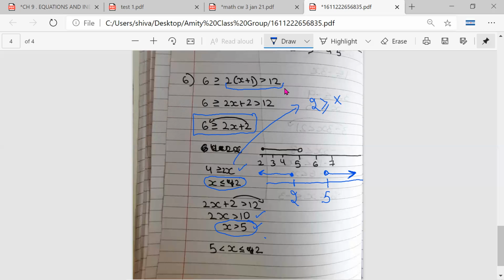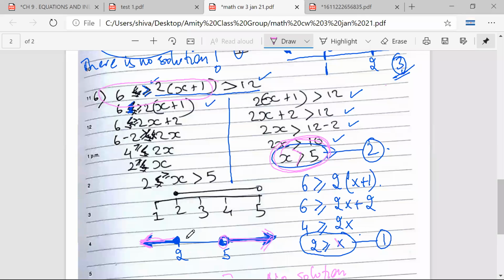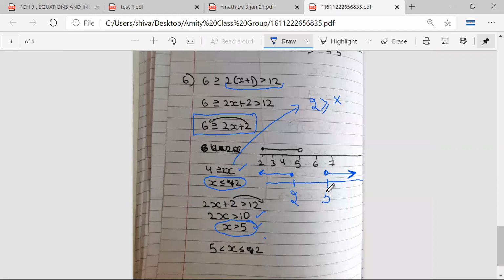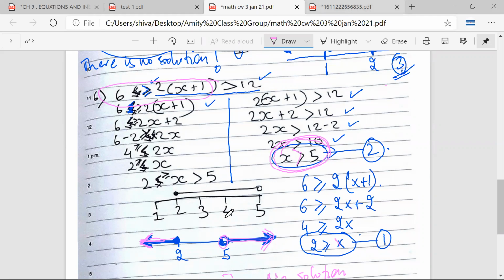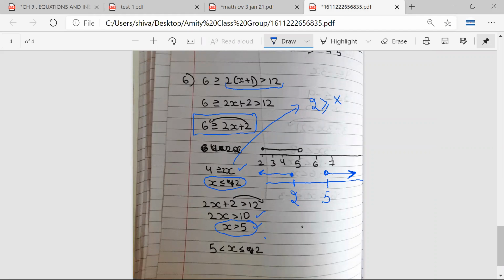No. And that is what I'm trying to tell you. There would be inequalities which won't have any solution. So x is less than or equal to 2 and x is greater than 5. Here x is either taking a value here or it is taking a value here. So there is no solution. Soumya ji, any doubt? No, sir. Mr. Rudra, any doubt? No, sir.